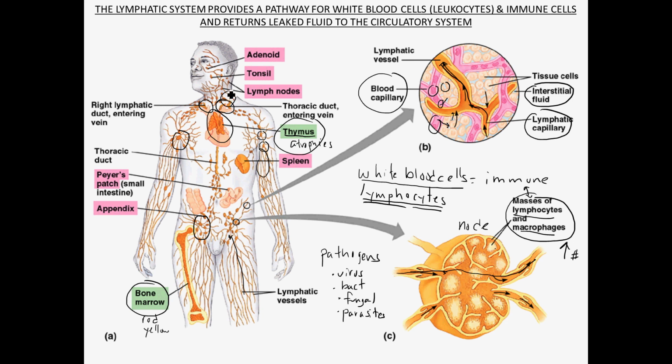So if you are sick, you'll go to the doctor, and the doctor will kind of palpate or feel here in your neck, might even feel your armpits here, because there's a high concentration of those lymph nodes there, and he or she is checking to see if indeed those lymph nodes appear to be swollen, in which case that might indicate that you are fighting some sort of infection there.